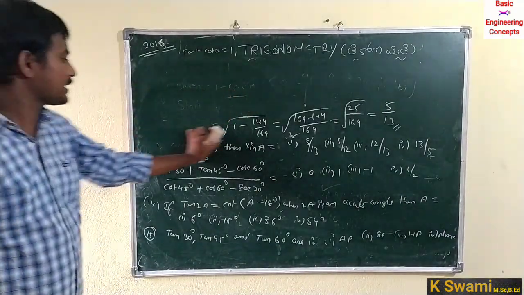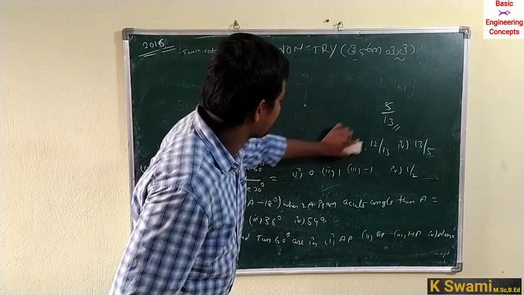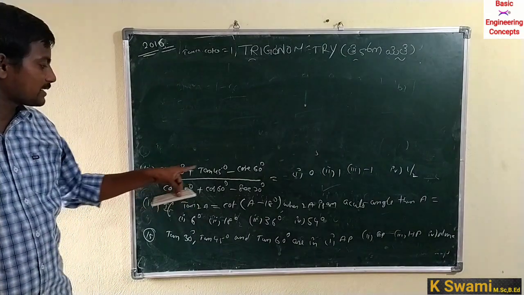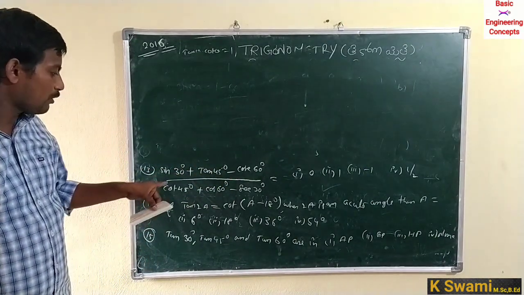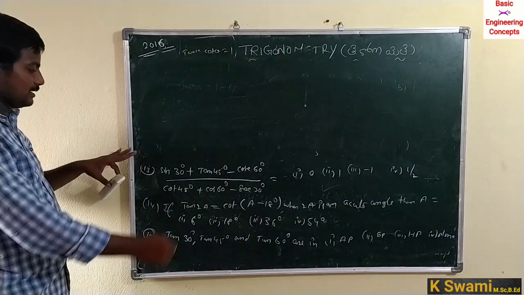And go to the second question in 2016 from trigonometry: sin 30 degrees plus tan 45 degrees minus cosecant 60 degrees, by cot 45 degrees plus cos 60 degrees minus secant 30 degrees.